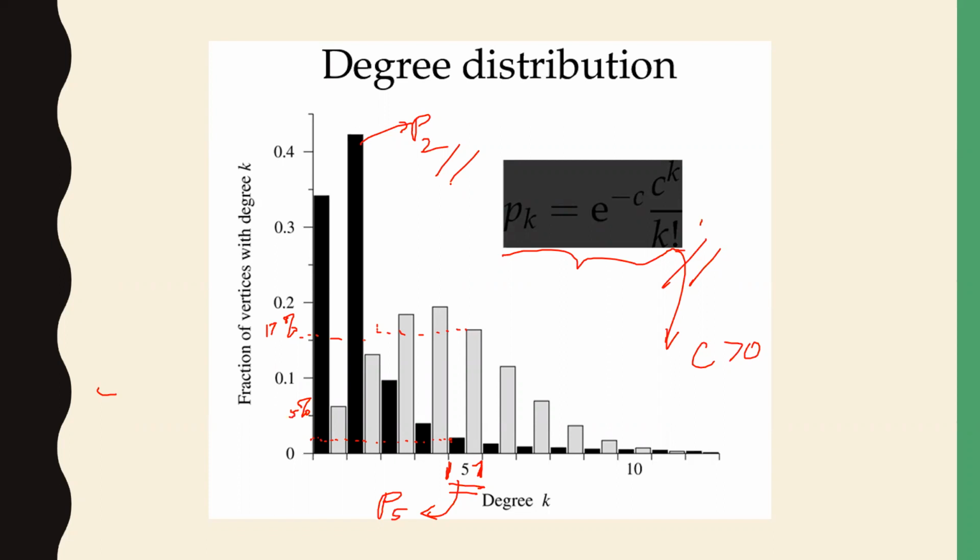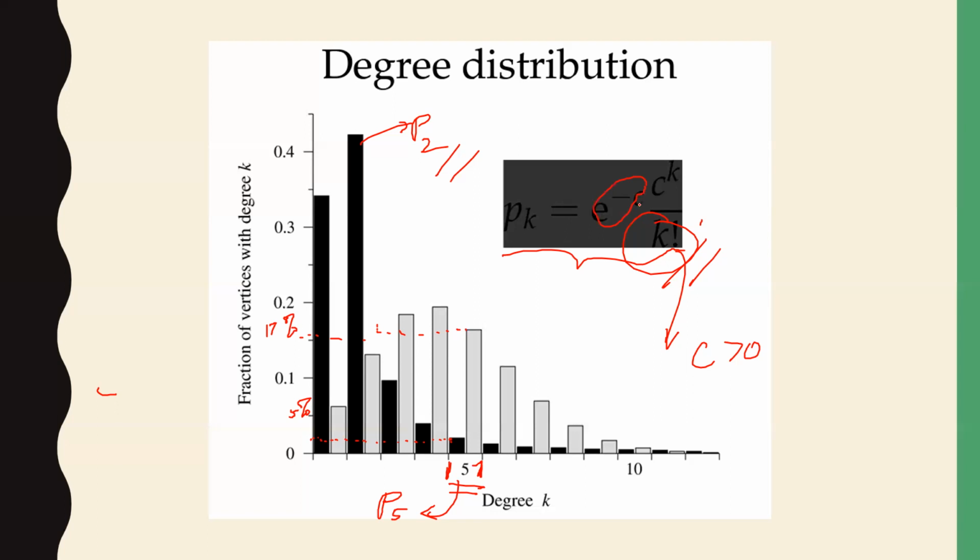I'm trying to get some inference here, and you can correct me if I'm wrong. It seems that p sub k will eventually decrease, especially when k is much larger than the parameter c in the model, because k factorial, which is in the denominator, will grow fast as k increases. And e to the negative c, remember c is greater than 0, will further contract the value of p sub k.